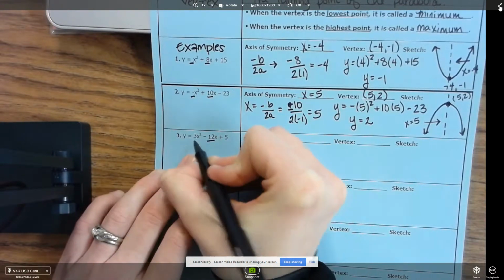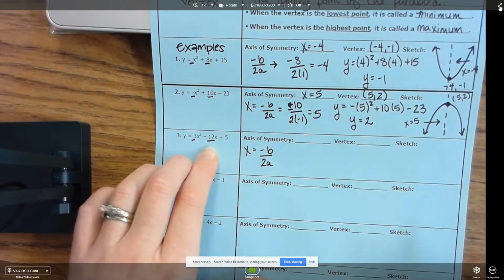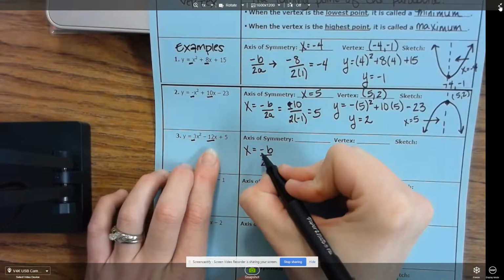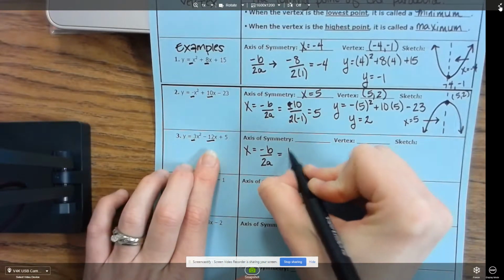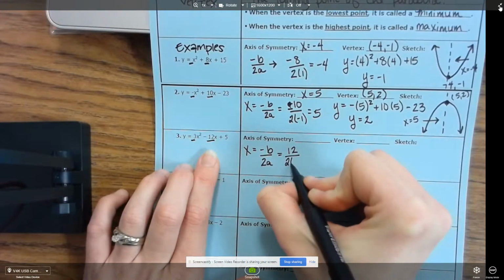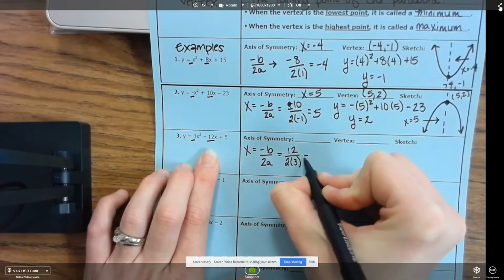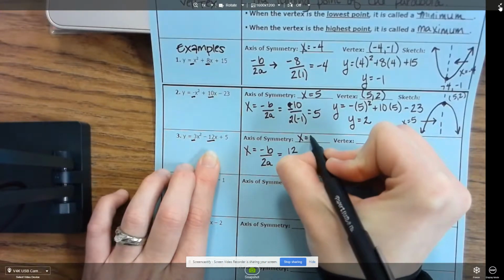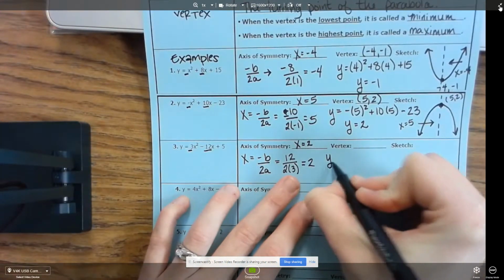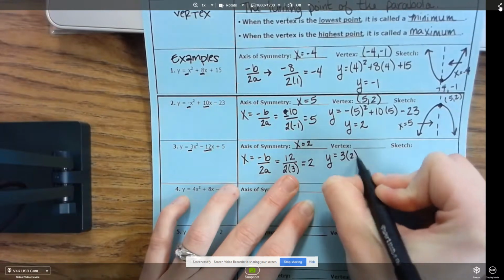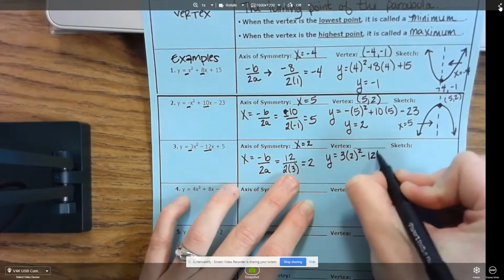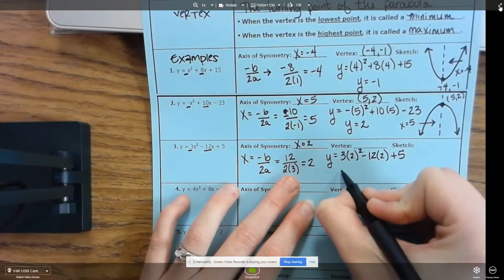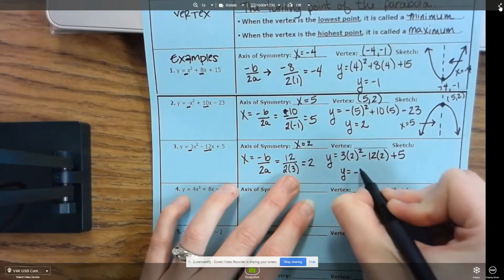Okay, same thing. Here's my b, here's my a. In this case where it says -12, that would make it a +12. And then my a is 3. So I would have an axis of symmetry of x equals 2. And then my vertex, y would be -7.